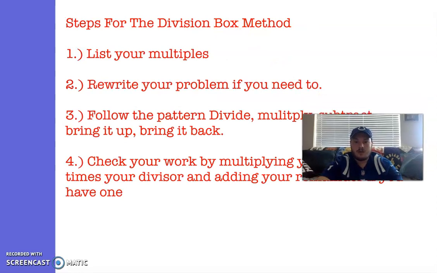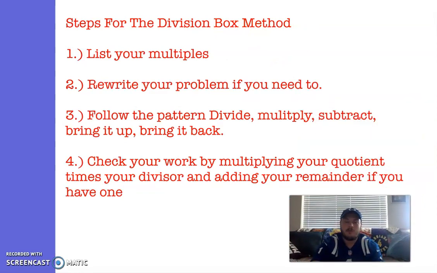So again, our steps are almost the exact same as they would be for using long division, but this time I'm just going to show you how to combine a place value chart with our normal long division strategies. Again, these steps are: list your multiples, rewrite the problem if you need to.